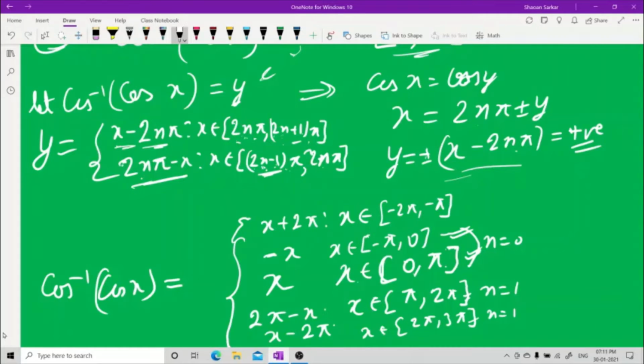Now you put n equal to minus 1 here, minus 2, minus 1, minus 3 and minus 2 pi. So here this will become minus 2 pi minus x for x belonging to minus 3 pi to minus 2 pi, because minus 3 pi is less than minus 2 pi.